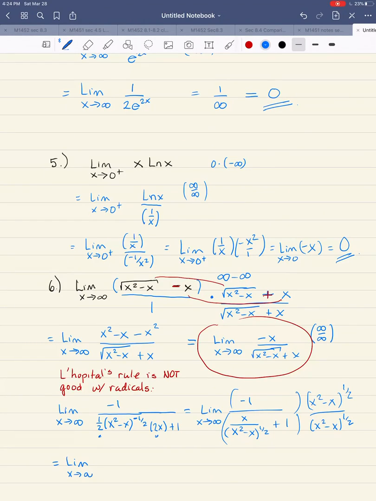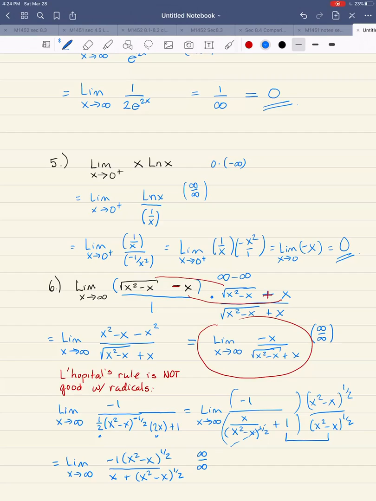But then we get something that almost looks like what we started with, right? When I multiply out the top, I get that. When I multiply out the bottom, this one would cancel, leave me an x, but then here I get that radical back.